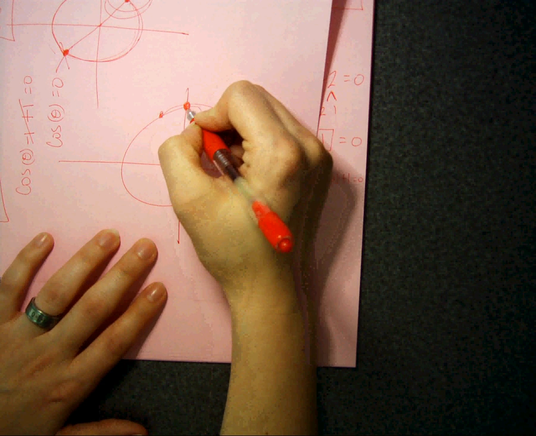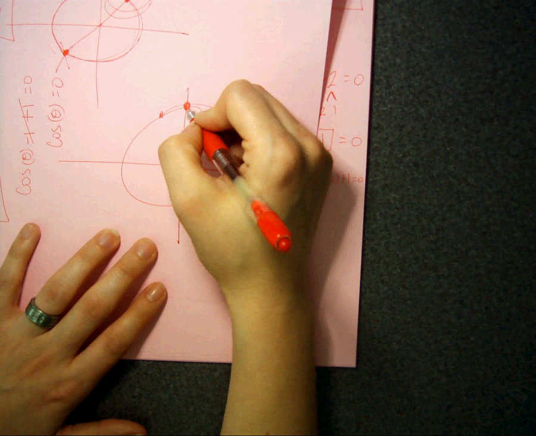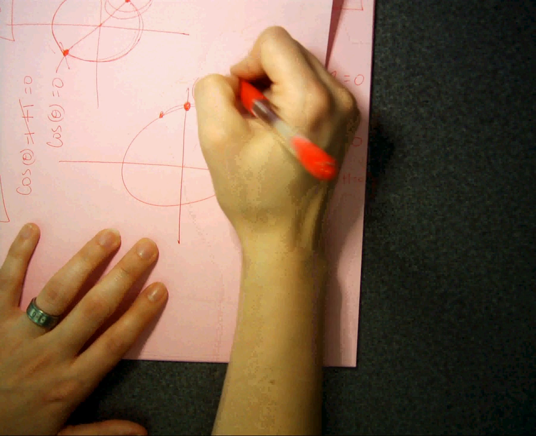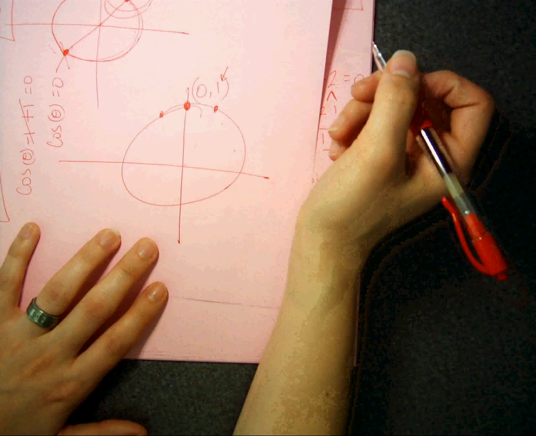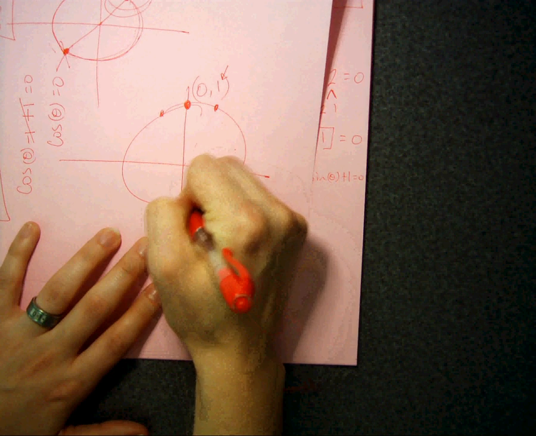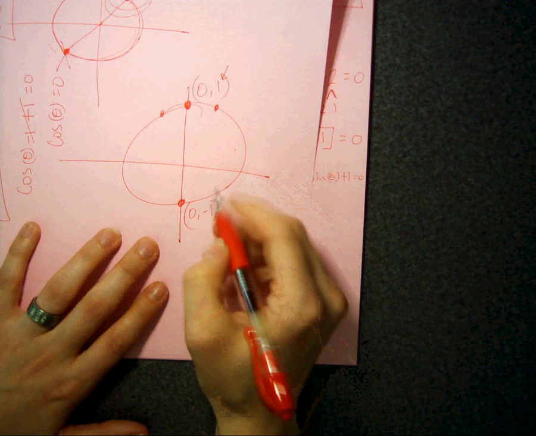What is the highest point on the unit circle? Is that a point? Is that a coordinate? 0, comma 1. Sine being the y value, so the highest sine can be is 1. What is the lowest point on the unit circle? 0, -1.